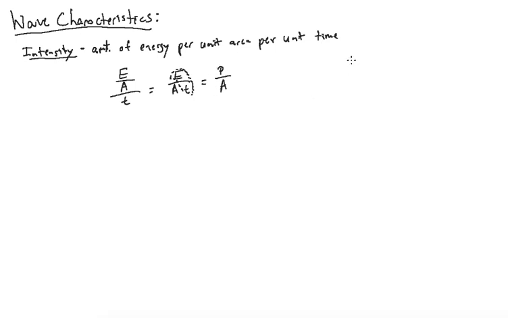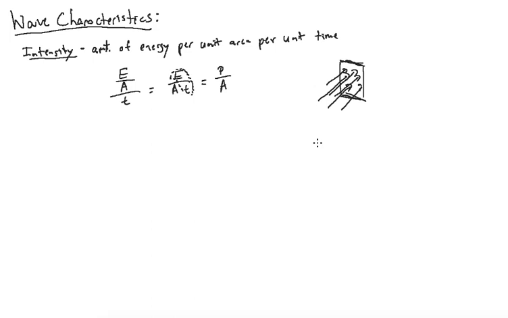So basically, if we made some sort of plane here like this, and then we had power or energy flowing through it like this, then we measured the amount of energy going through this area right here in a certain amount of time, that would be our intensity here.